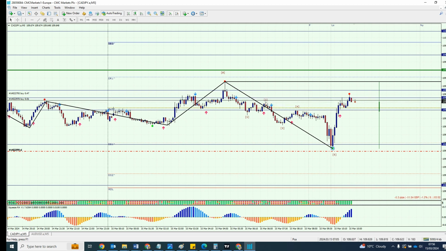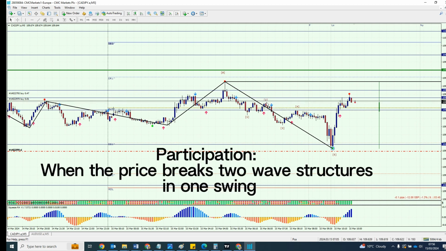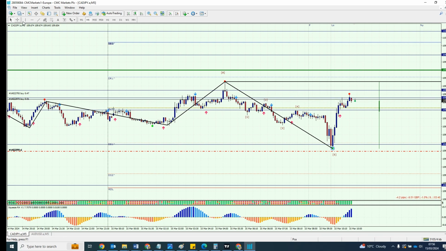So currently the price has broken the two structures here, the 2-wave structure and the 4-wave structure. That is what we call the participation move. At the break of these two, we call that participation. The banks are now active. They want to buy because they've broken 2-wave structures down, and for us that is the directional move.